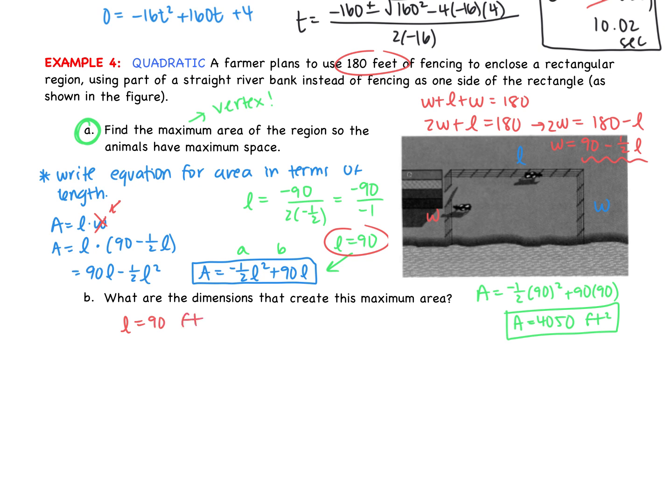Again, please provide units. There are a whole bunch of different options for width. I'm going to use the width formula above that we already came up with. Our width is 90 subtract 1/2 L, but our L is 90, which gives us a width of 45 feet.